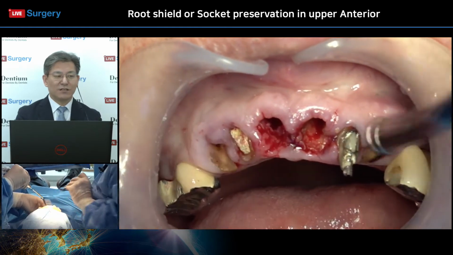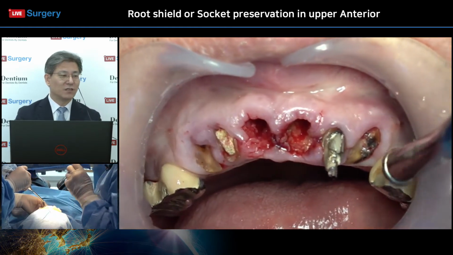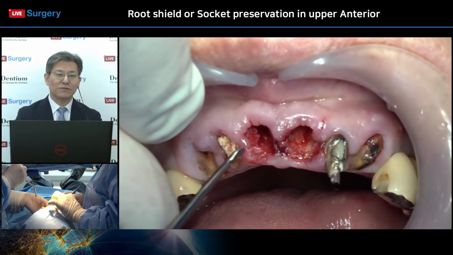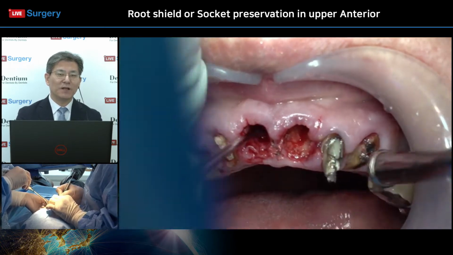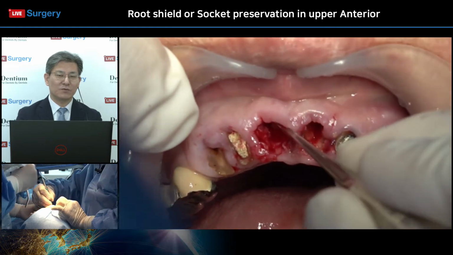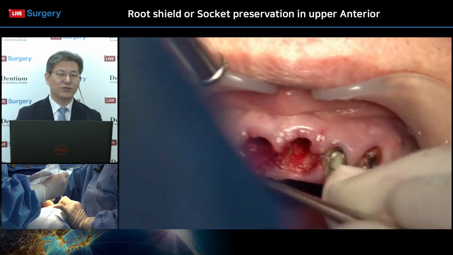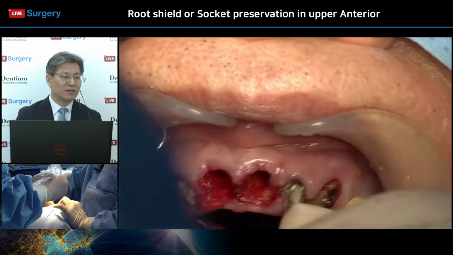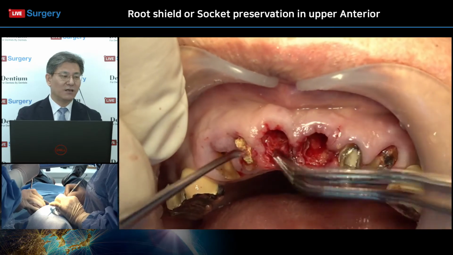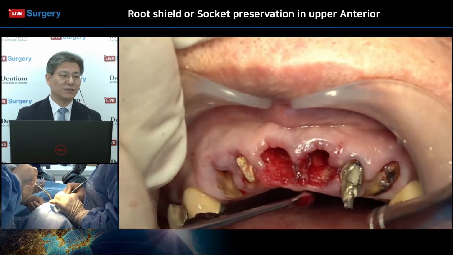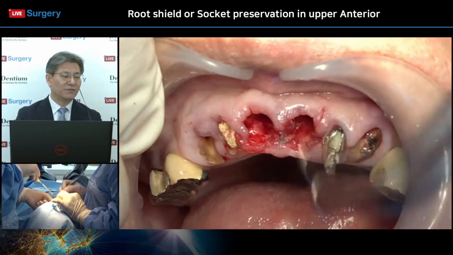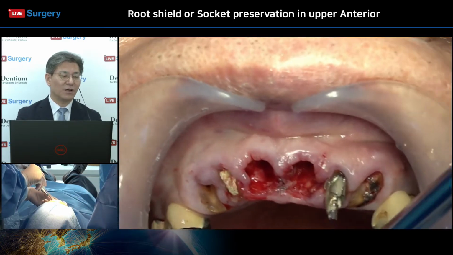Now, these granulation tissues frequently inhibit the osseointegration or full integration between the implant fixture and socket, or the implant fixture top portion, collar portion, and socket tissues. So these granulation tissues should be removed thoroughly before the implant installation. Okay, removing all the granulation tissues around this socket top portion.